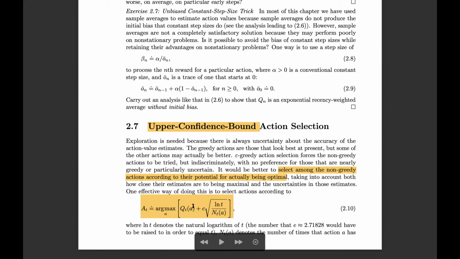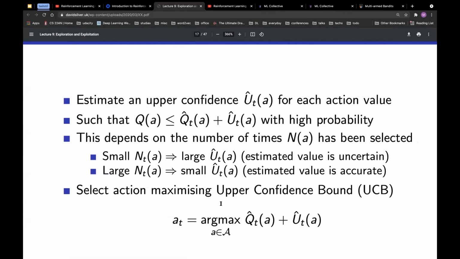If in the past events we have selected, for example, the second medicine of Steve's 5 medicines a lot, this number will increase, and in that manner the confidence value will go lower because of the square root.